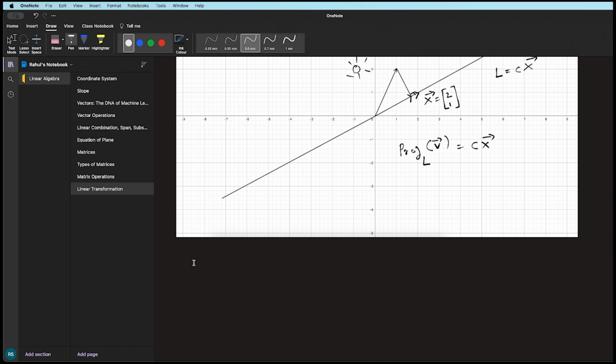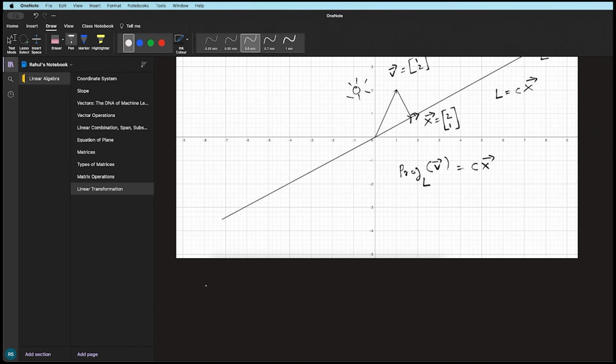So the first equation that I will write is vector v minus cx. Why v minus cx? Because the point where the shadow ends is a scaled version of x, and the point from which the projection starts is vector v.